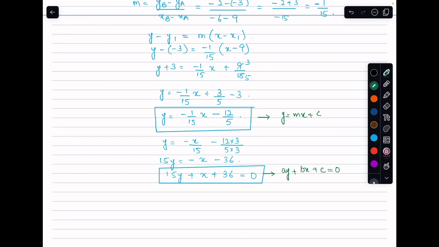So both of the formats are accepted as line equations, and sometimes in the question they do ask us to represent the equation as ay plus bx plus c. So then it's the last format that we are going to choose for the answer, and y equals mx plus c can also be the line equation. Both the formats are obviously correct for the straight line equation.